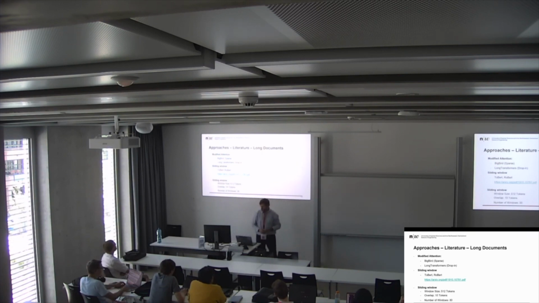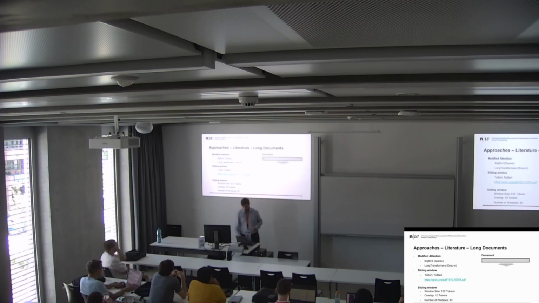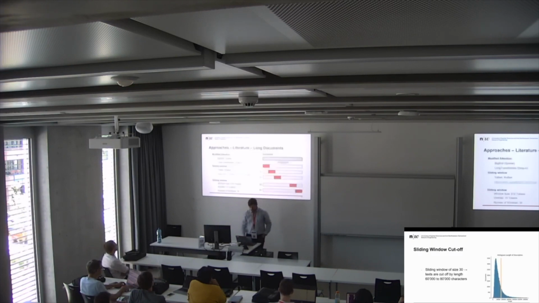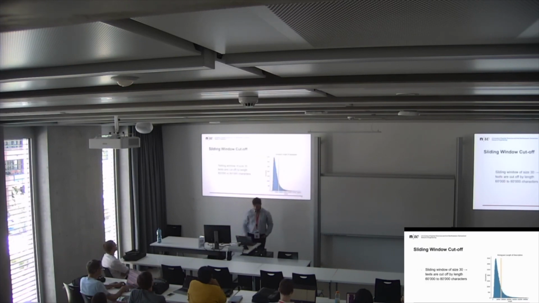So the sliding window is basically you take 512 tokens of the normal BERT-based models, and you have like 10 tokens overlap, and just move the window. So this is your document. You cut one piece, you cut the next piece, overlapping the first piece, and move the window, and so on. We use only 30 windows.